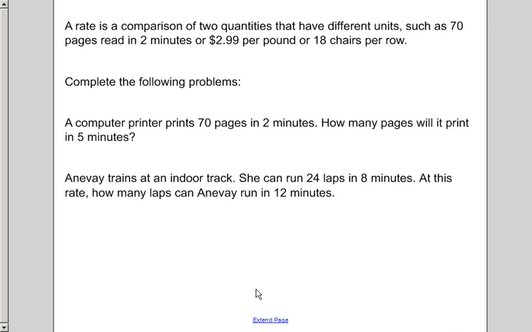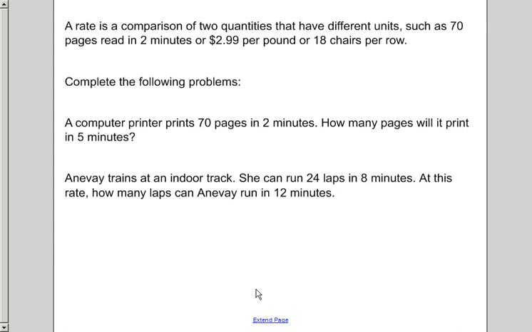And here are some examples. 70 pages read in 2 minutes would be an example of a rate, two different units, pages and minutes, or $2.99 per pound for a pound of tomatoes. So we've got dollars and pounds. Or they set up 18 chairs per row for the music program. So we've got chairs and rows.